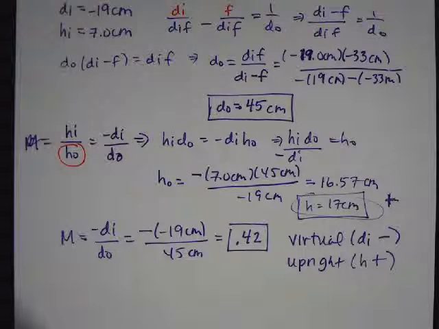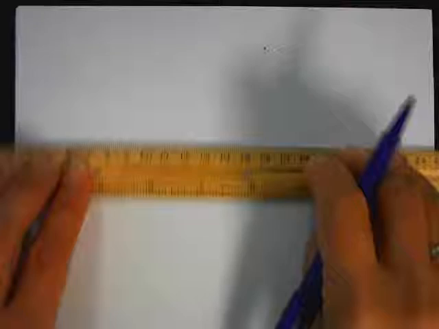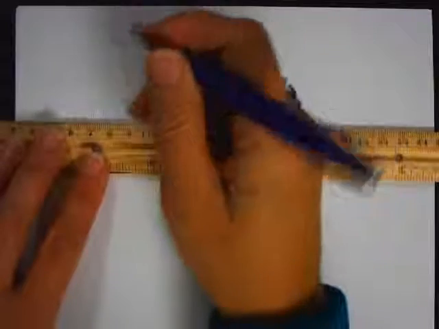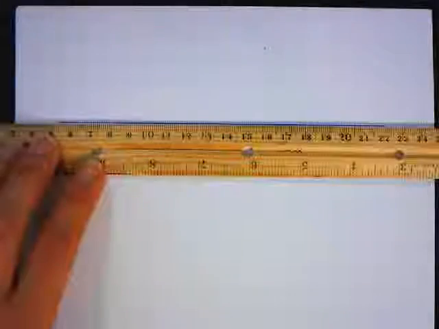When we do a ray diagram, first we're going to draw a straight line to represent our principal axis. So here's our straight line. Then we're going to draw a vertical line to represent the mirror.